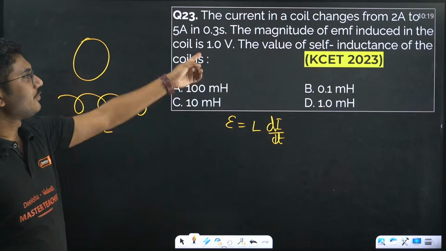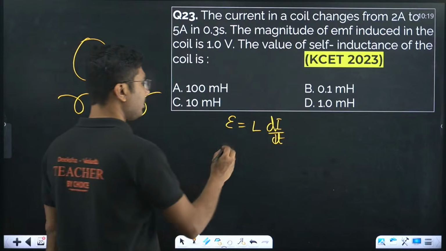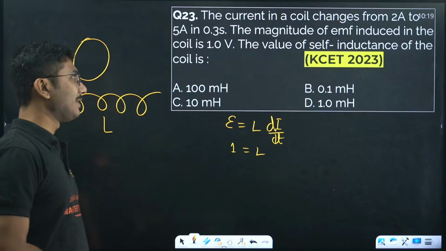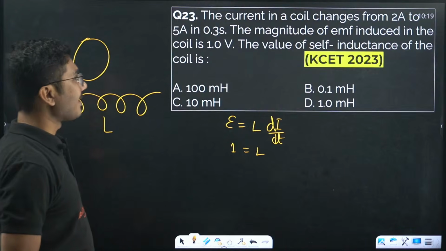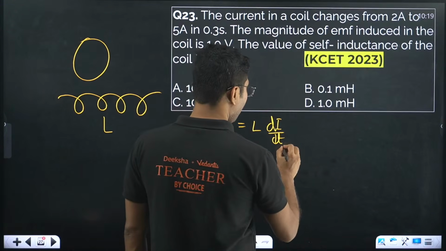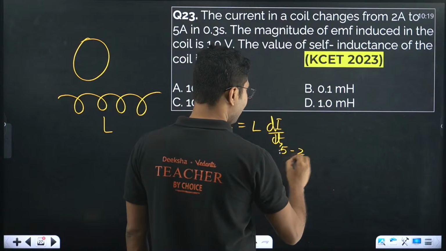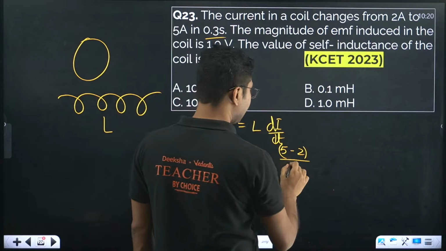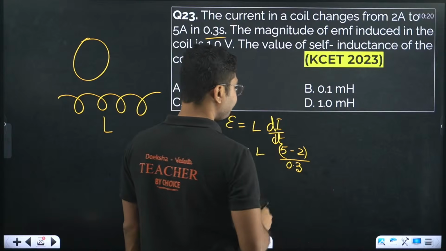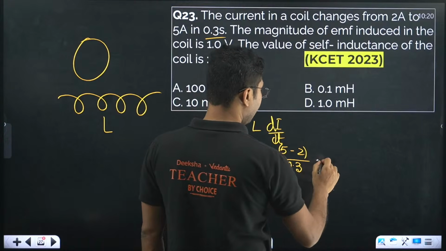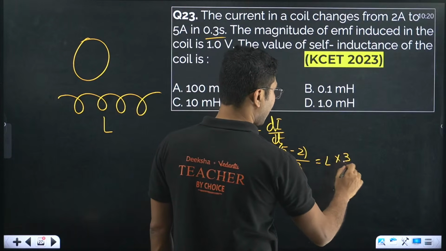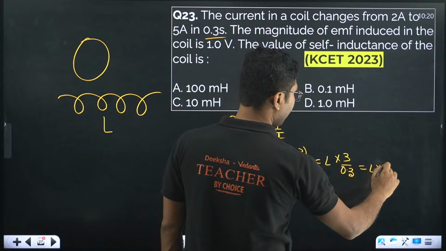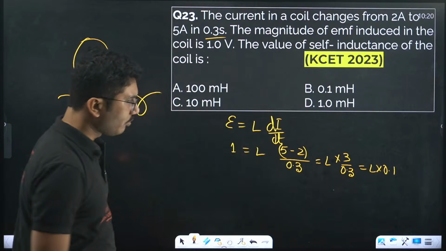Induced EMF is L di by dt. So here induced EMF is given as 1 volt. We are trying to find the self-inductance, that is L, and current changes from 2 to 5, that is 5 minus 2, divided by time, which is given as 0.3 seconds. So it will be L into 3 by 0.3, that is L into 0.1.